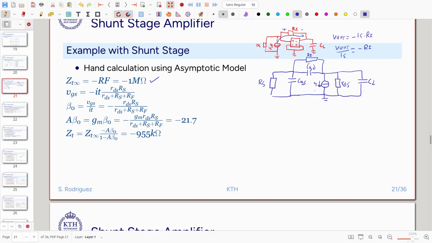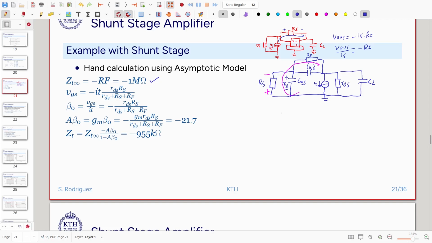Okay, so now we just follow this current, and this current for DC or low frequencies will flow like this, and create a voltage drop over resistor RS. Our target is to find VGS here.